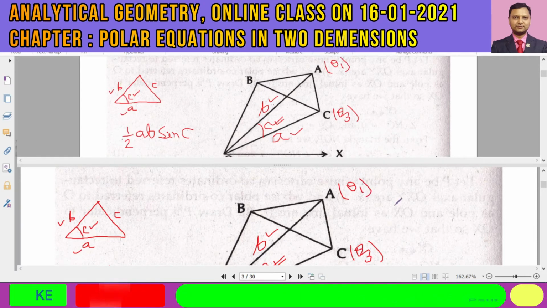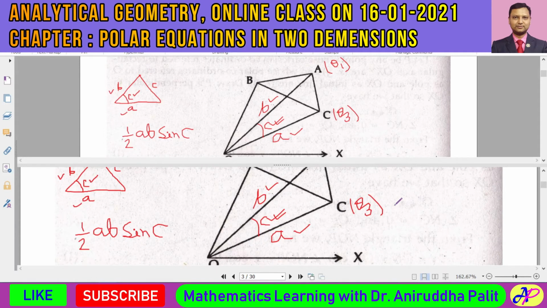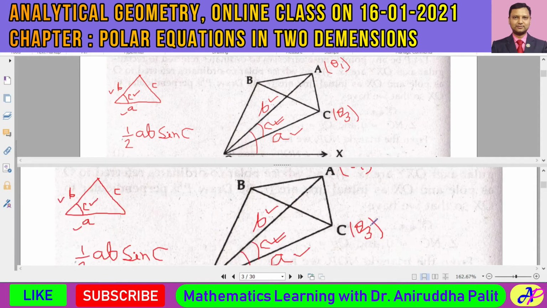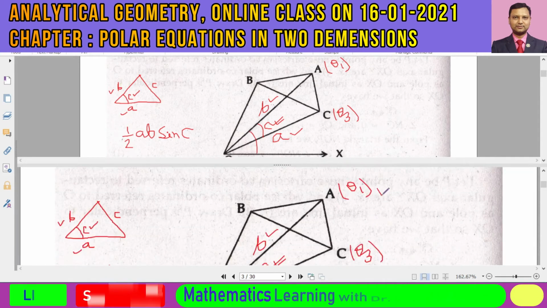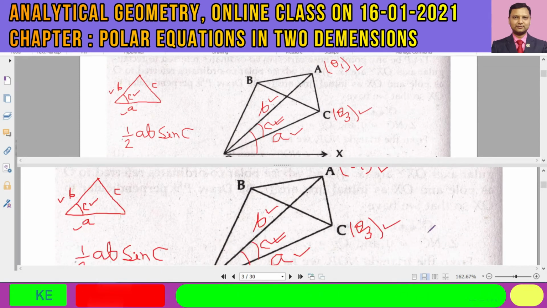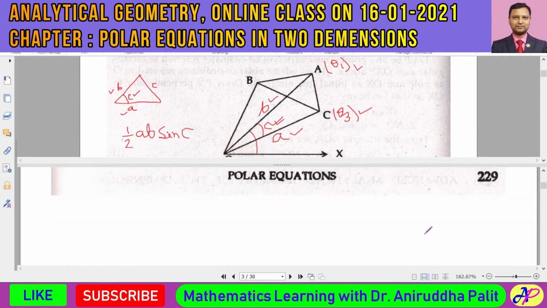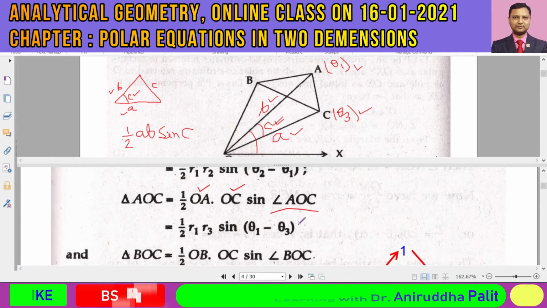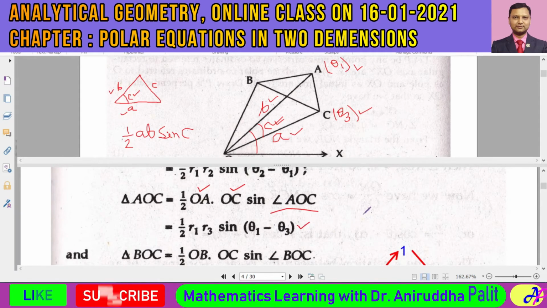Therefore this angle is the difference between these two vectorial angles. The larger vectorial angle is theta 1 and the smaller is theta 3, so we can write theta 1 minus theta 3.